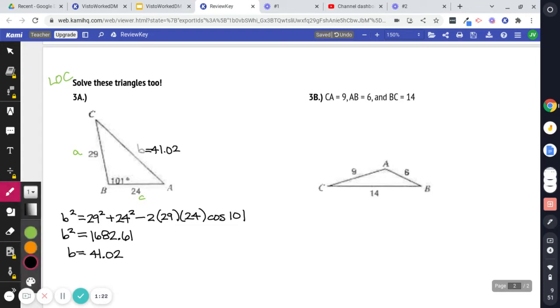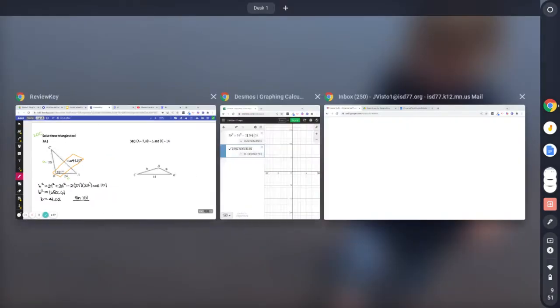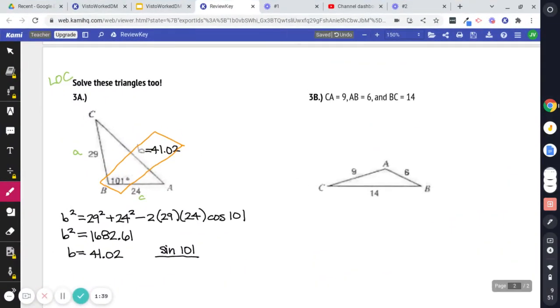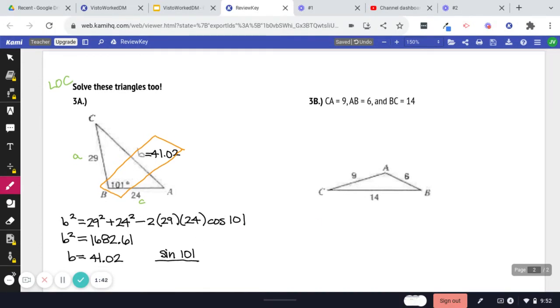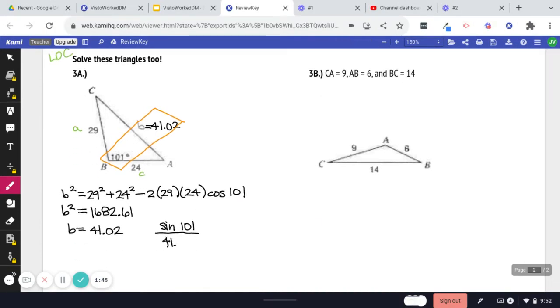Now, in knowing that, we have the complete pair, and we can jump to law of sines. Now, if you want to do law of cosines again, you totally can. It's up to you. It's kind of your call. But in the meantime, sine 101 over 41.02 equals sine A over 29.